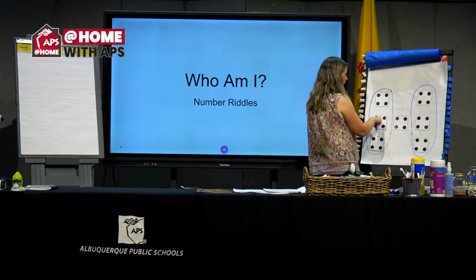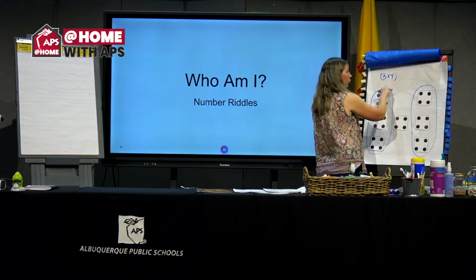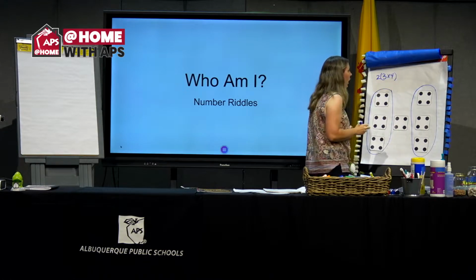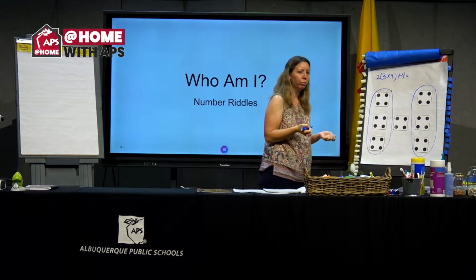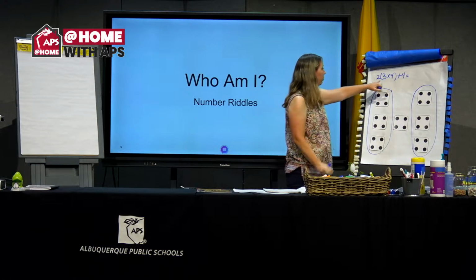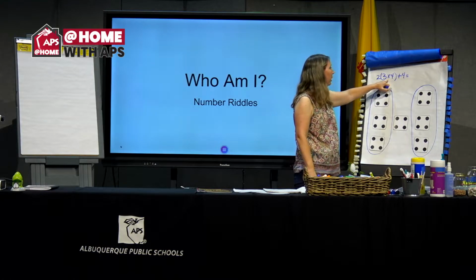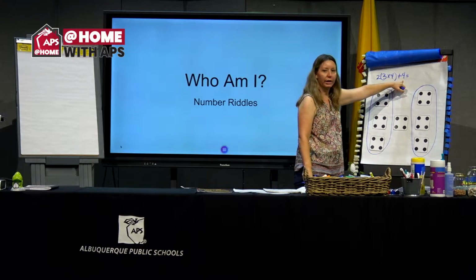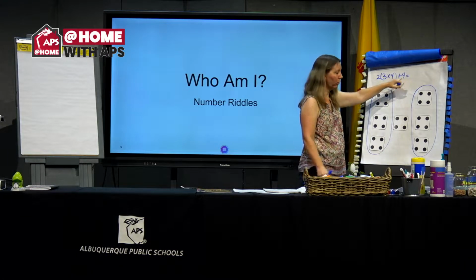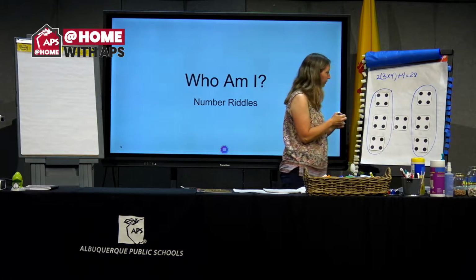So I know I have 1, 2, 3, 3 4s, and I had 2 of those, and then I had my oddball. So let's see, how many dots were there? I had 3 times 4 is 12. 12 times 2 is 24. Add another 4 is 28. Thank you very much for helping me out with that math there.